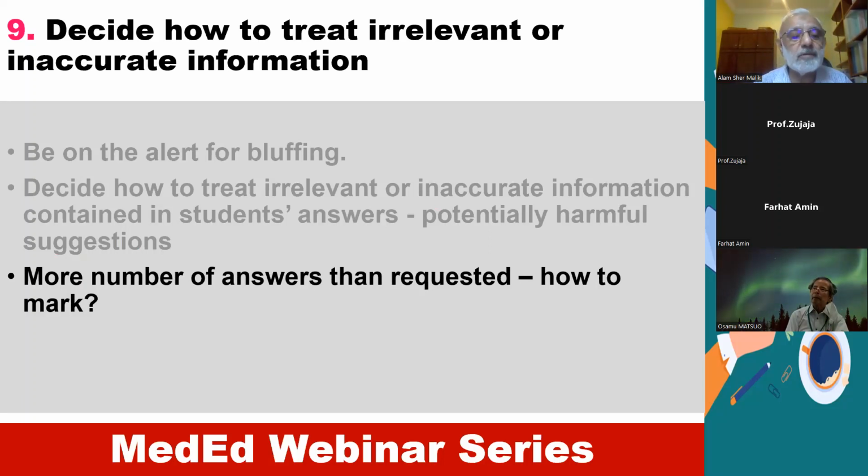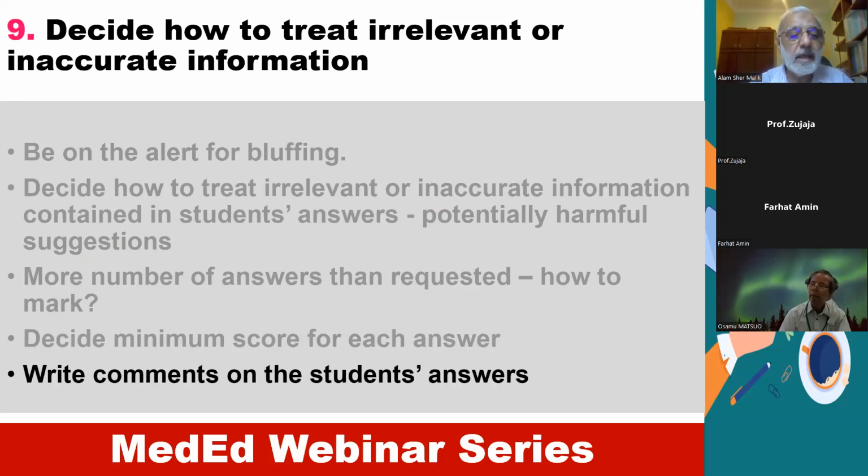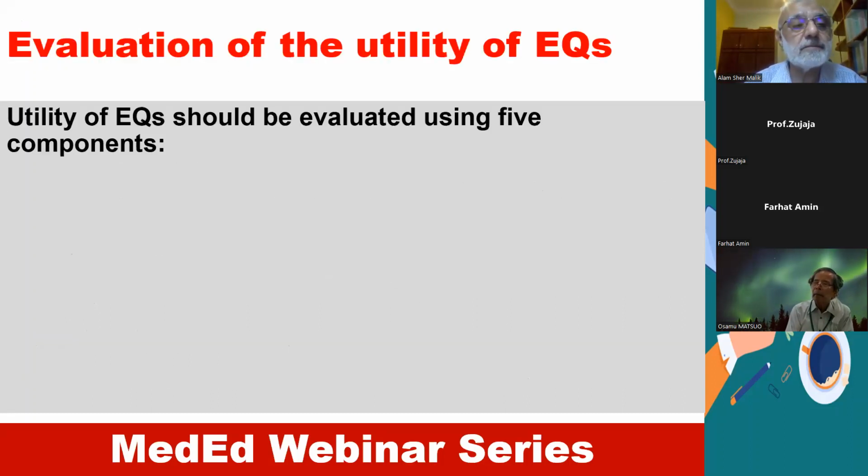In our practice, we usually accept only the first 5, whether right or wrong, and we do not consider any more than that. Decide the minimum score for each answer and write comments on students' answers, especially if the student is failing or is being given distinction, then the marks need to be justified.